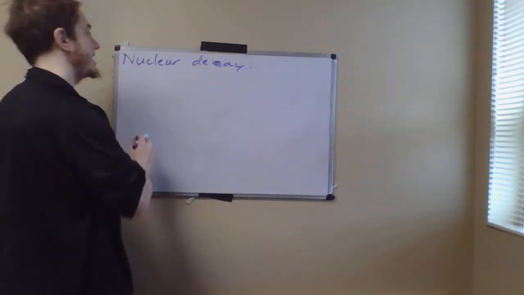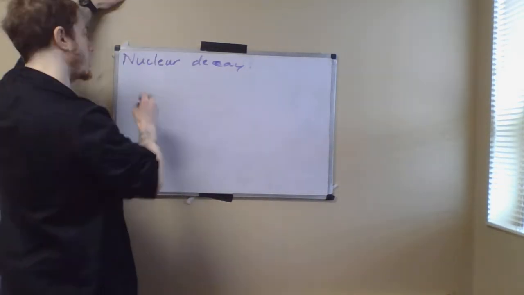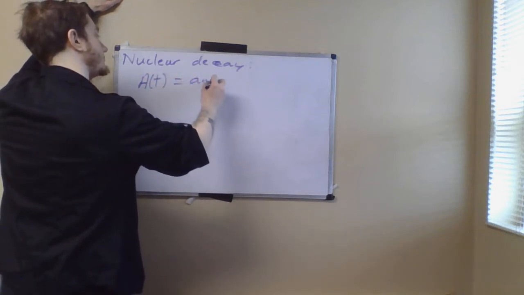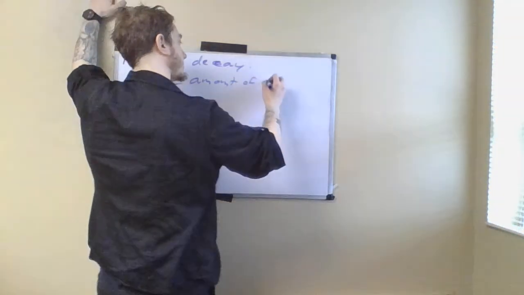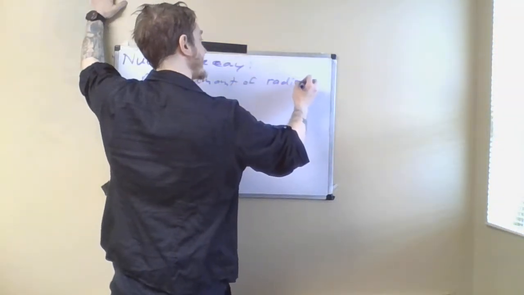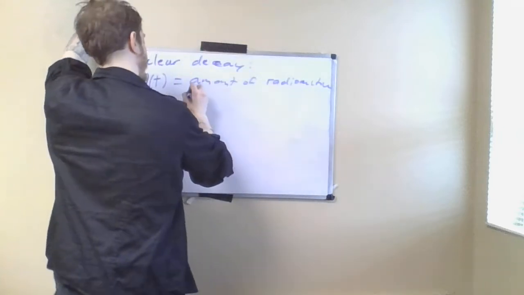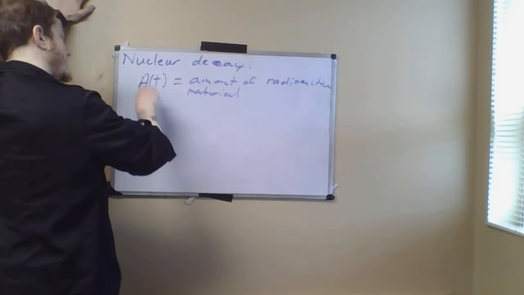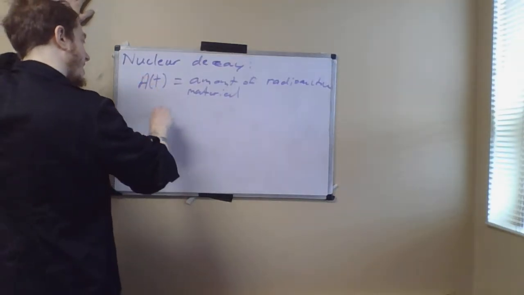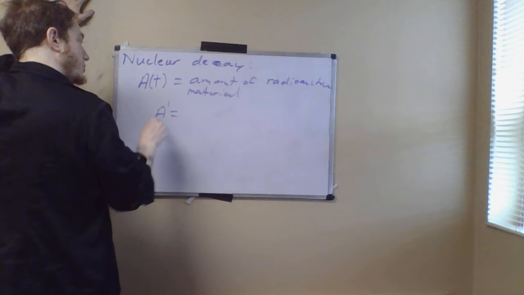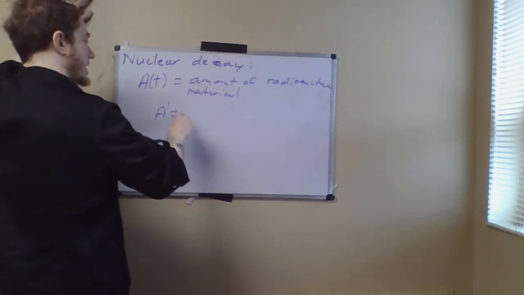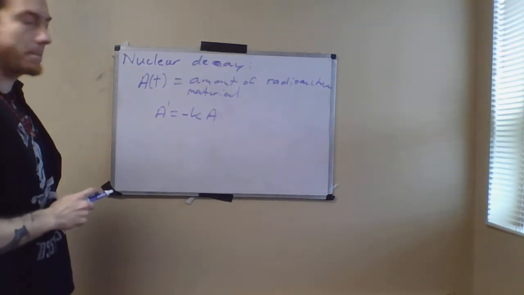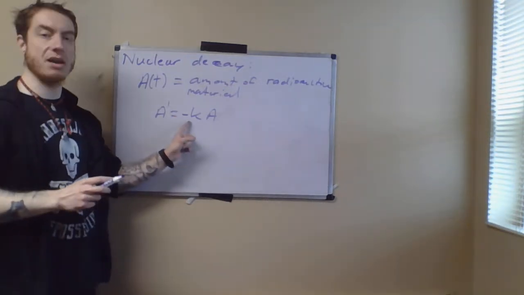So normally what we say is that if I have some amount of nuclear or radioactive material, then this amount satisfies the equation: the rate at which the amount is changing is equal to negative k times the amount. And the only difference here is that we've got this negative.